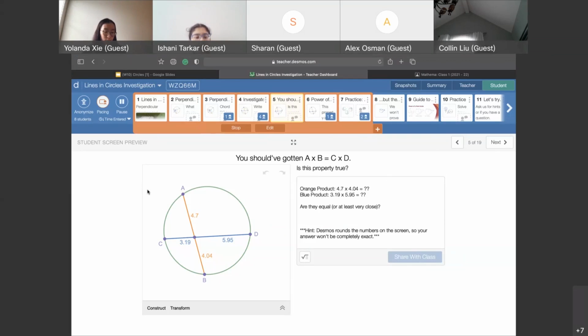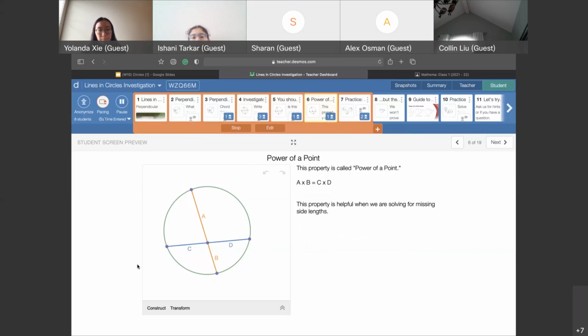And then when you do 3.19 times 5.95, you'll see that you get 18.9805, right? So those are approximately the same. Remember that Desmos rounds the numbers on the screen, so your answer won't be completely exact. However, because they're rounded, if you actually had the exact measurements, you would get them to equal each other.